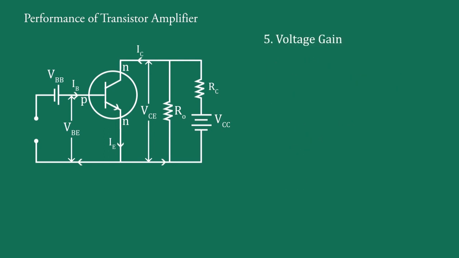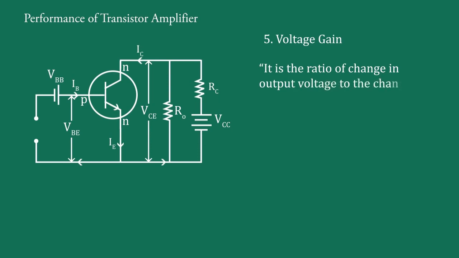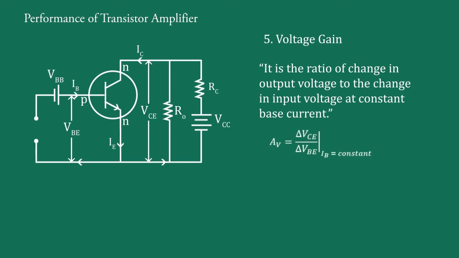Fifth, voltage gain. It is the ratio of change in output voltage, that is delta VCE, to the change in input voltage, that is delta VBE, at constant base current. That is, voltage gain AV equal to delta VCE upon delta VBE at IB equal to constant.